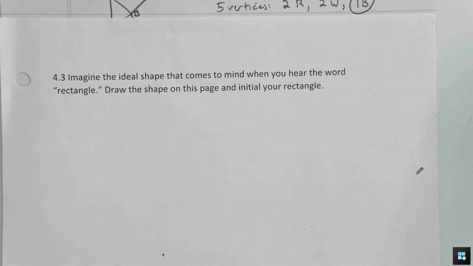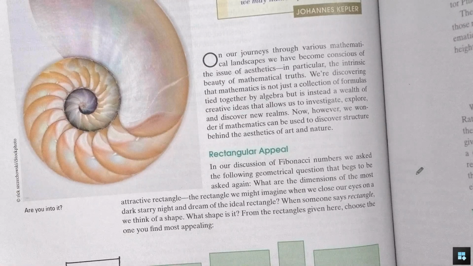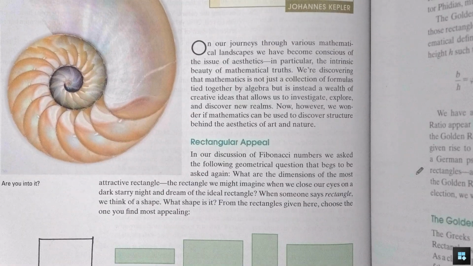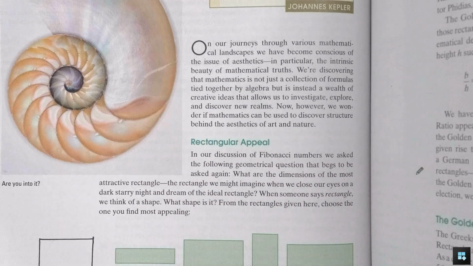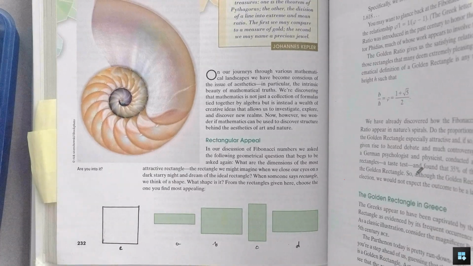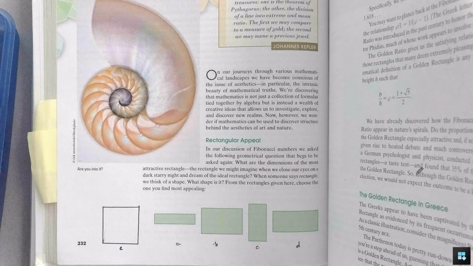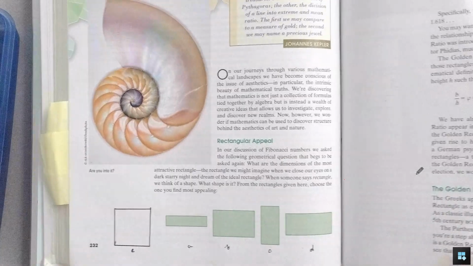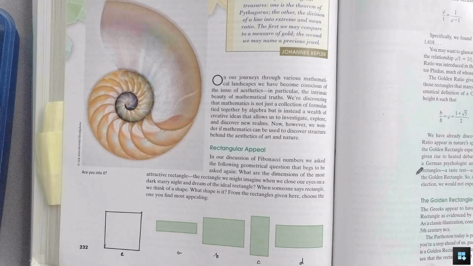So your author calls this section the sexiest rectangle. And we have some different rectangles to vote on which one you like best, okay? So we have the square. I drew that one in because your author didn't have a square. And then we have rectangles varying by proportion.